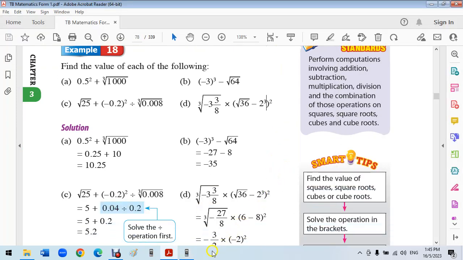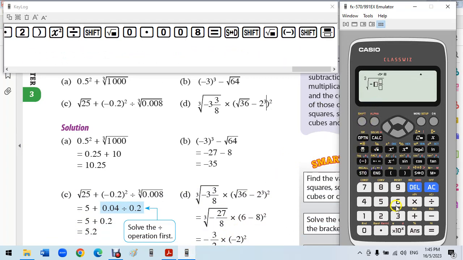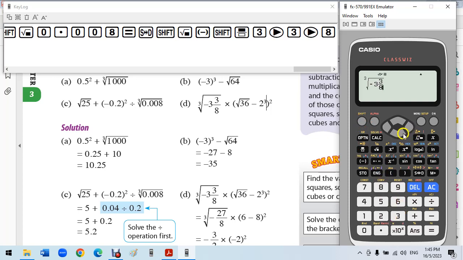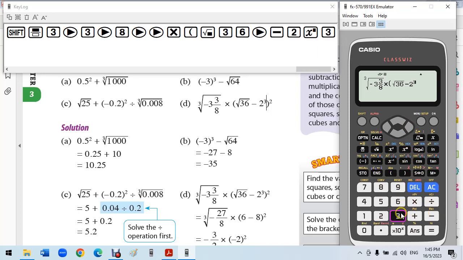Okay, and this one is cube root of negative 3 and 3 over 8 multiply with square root 36 minus 2 to the power of 3 square.